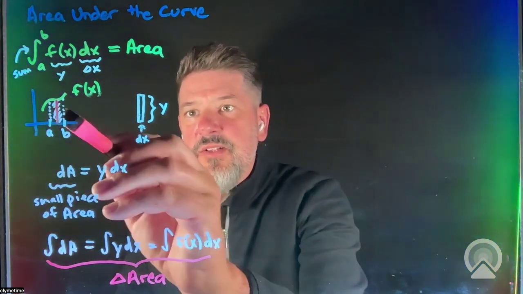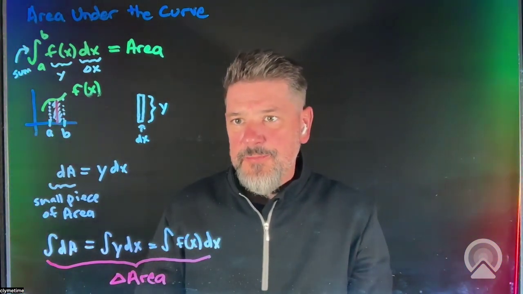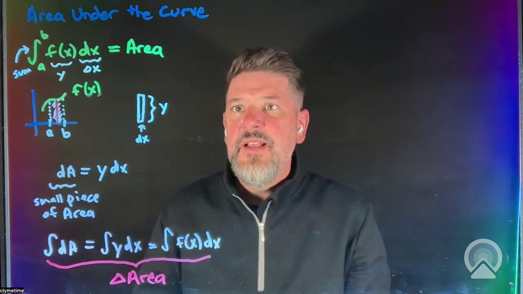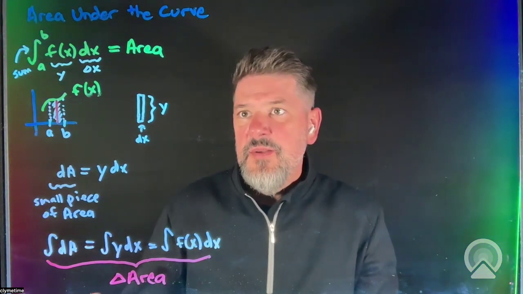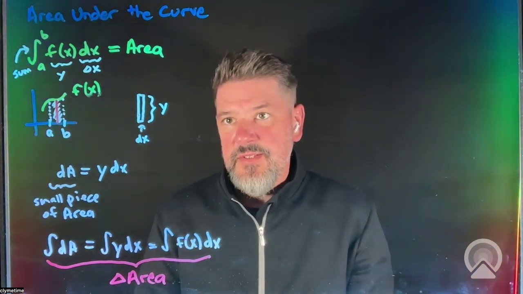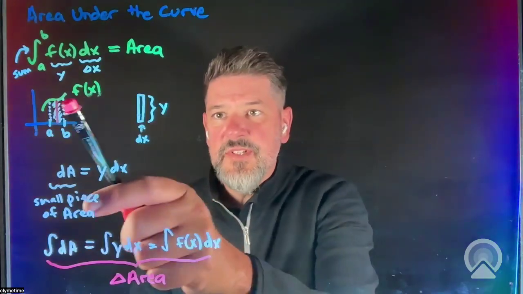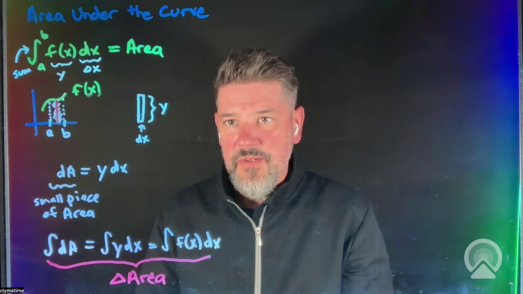If we add up all the little tiny pieces of area between a and b, we end up getting the total area. And so that's why the integral represents, yes, the antiderivative, but also an infinite sum of little tiny rectangles. And because it's an infinite sum of little tiny rectangles, it comes out to be the area underneath the curve.